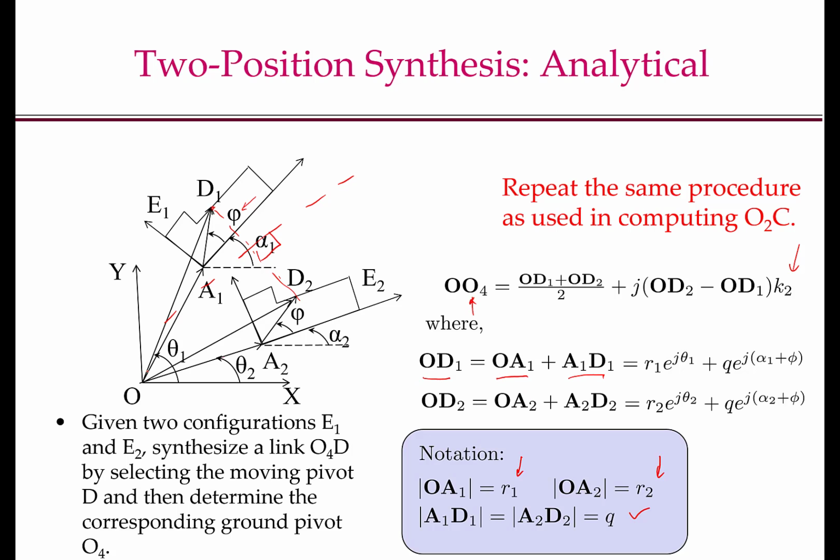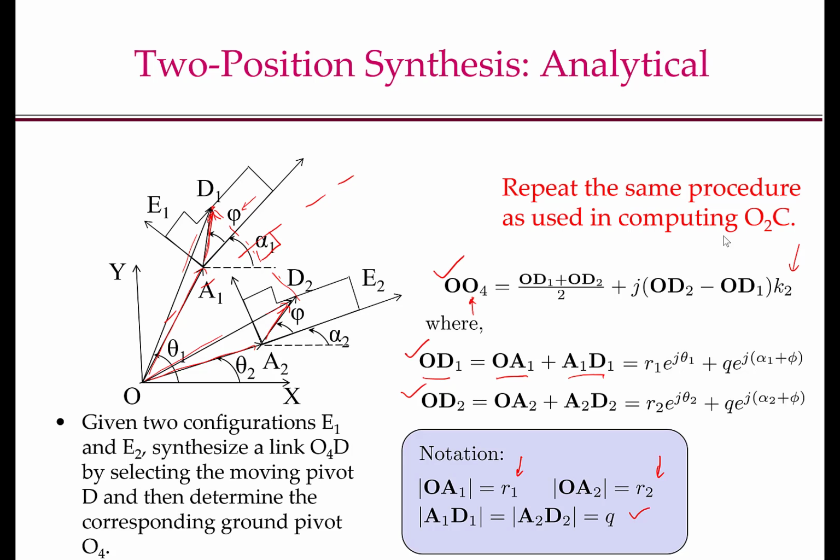So if you look at the triangle here, OD1 is equal to OA1 plus A1D1. OD2, which is this vector here, is OA2 plus A2D2. Since OA1, OA2, A1D1 and A2D2 are known, or in other words, R1, theta 1, alpha 1, R2, theta 2, alpha 2, and Q and phi are all known, therefore, OD1 and OD2 are known, and I can compute O4.